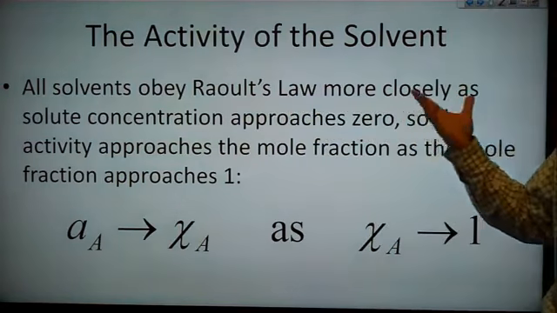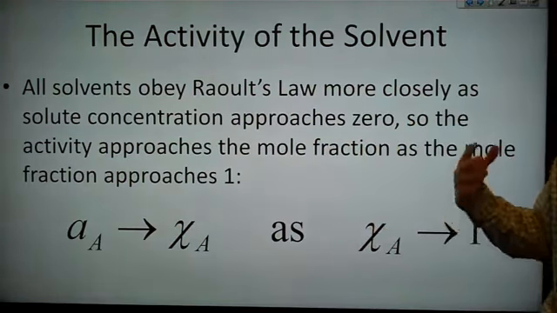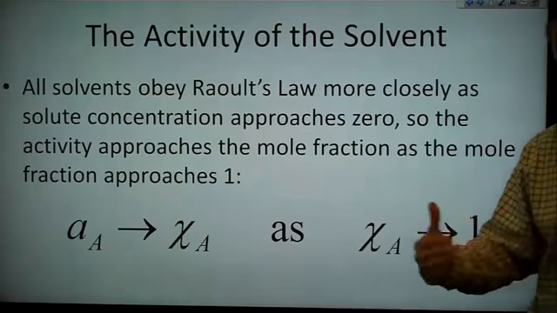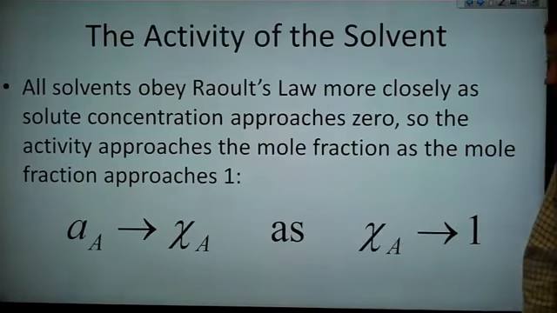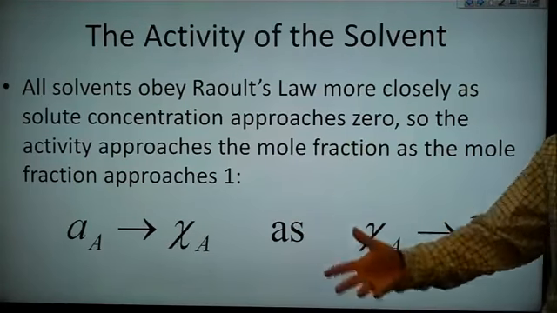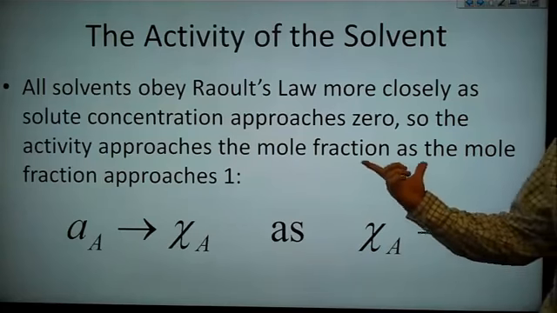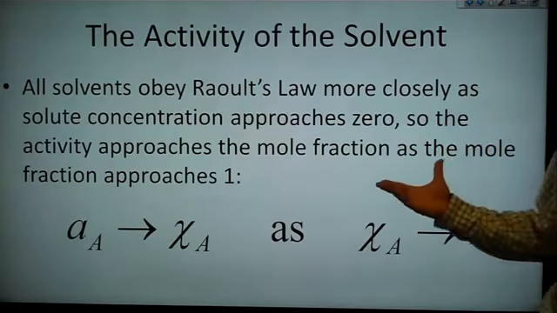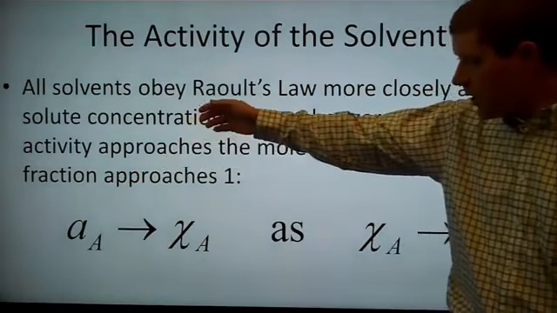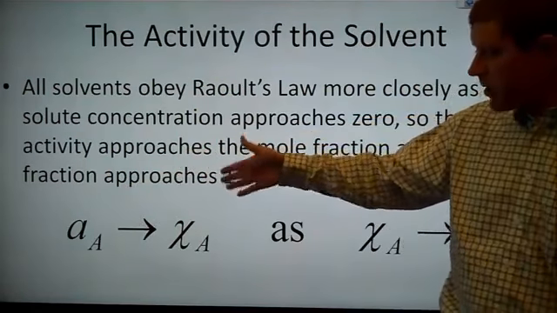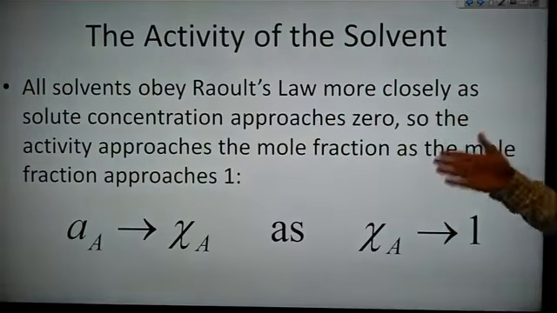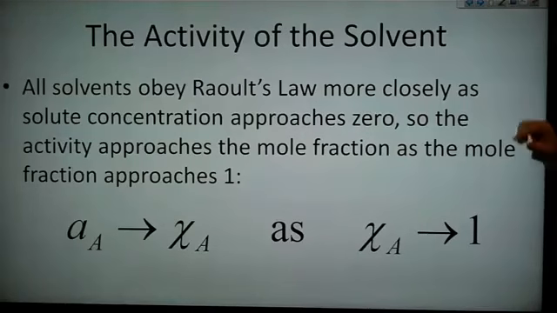So all solvents obey Raoult's law more and more closely as the solute concentration approaches 0, as we get more and more dilute in our solute and a larger and larger mole fraction of our solvent. And this means that our activity approaches our mole fraction as the mole fraction approaches 1. So the activity of A approaches the mole fraction of A as the mole fraction of A approaches 1.